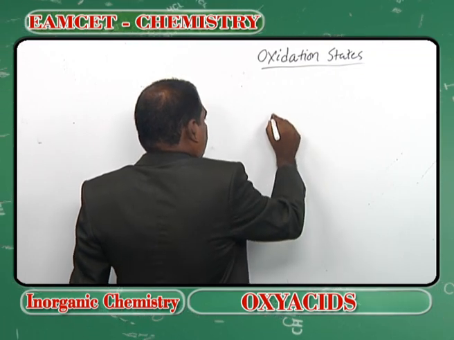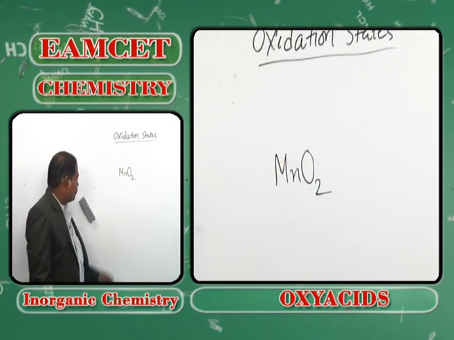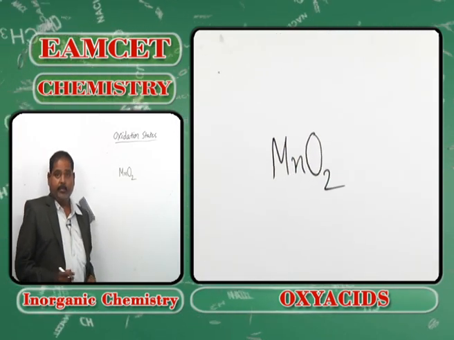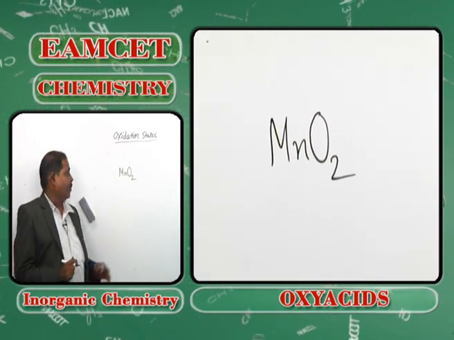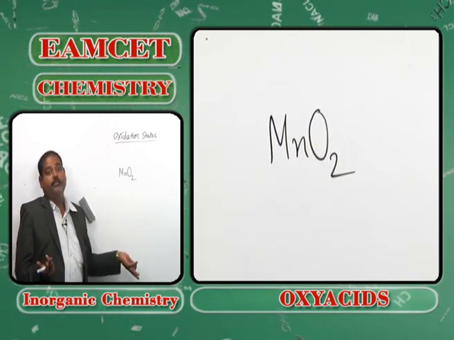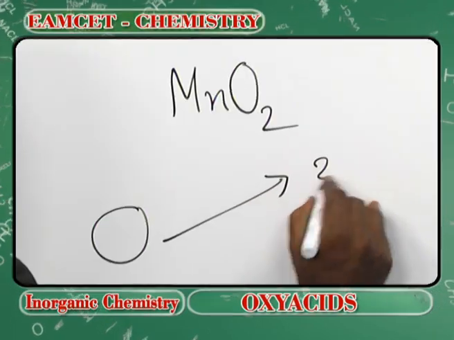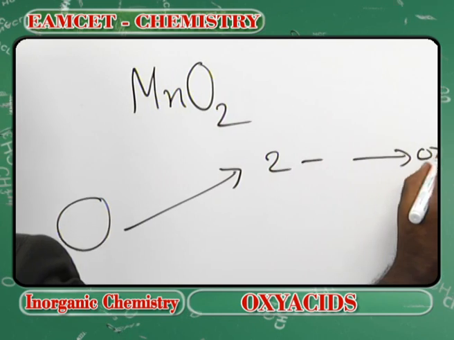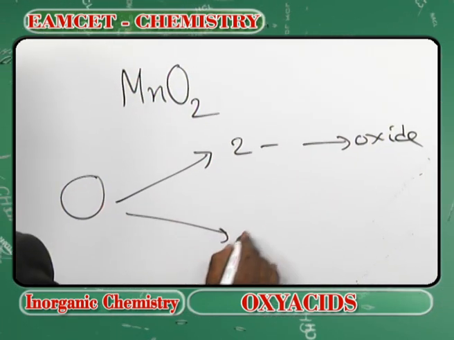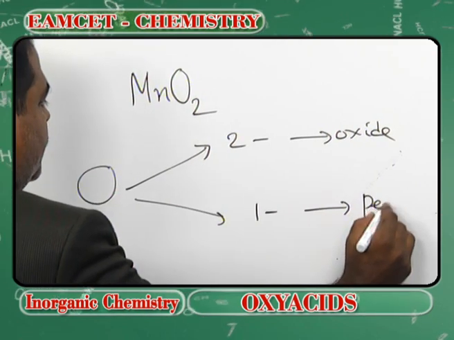So, what about MnO2? Is it an oxide or a peroxide, and what is the oxidation state of manganese here? Manganese is not fixed, and we are not sure whether oxygen is 2-, -1 or -half. I have already given 3 choices. If oxygen is 2-, it is called oxide. If oxygen is -1, it is called peroxide.